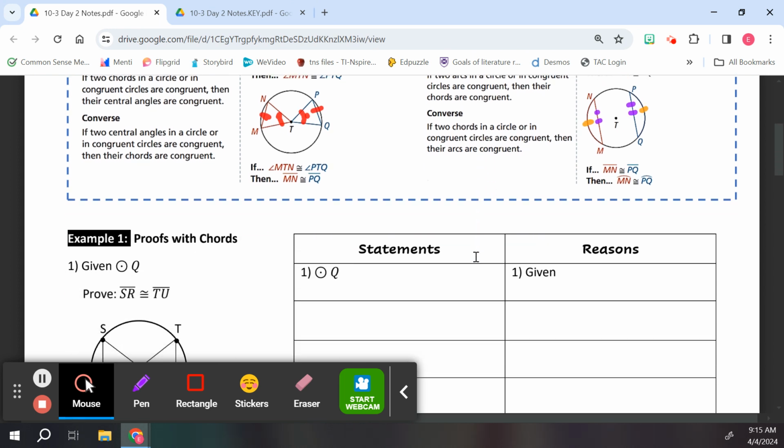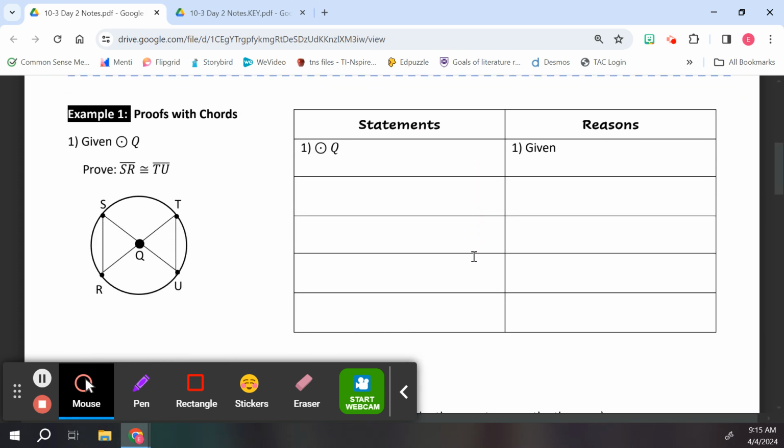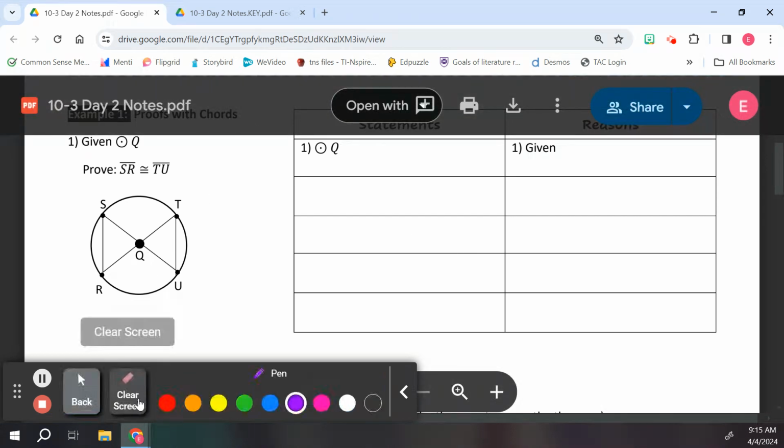Okay. All right, so example 1, proofs with chords. So here's the first thing we got. It says given circle Q, prove SR is congruent to TU. So the easiest thing to do is go SQ is congruent to RQ is congruent to QT and to QU.